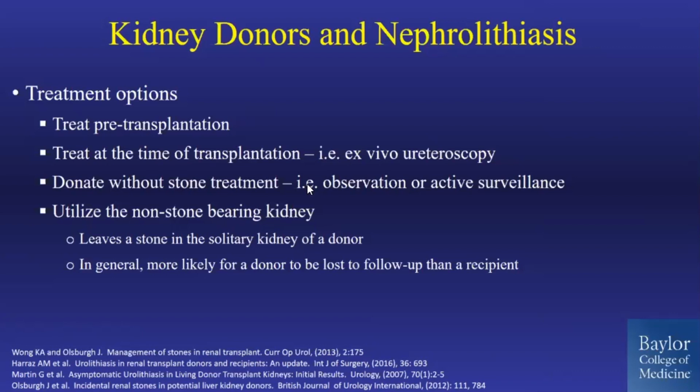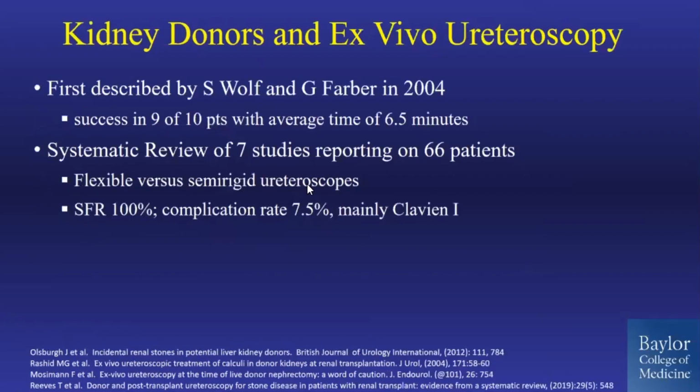And then, of course, you can utilize the non-stone bearing kidney and leave the stone in the donor. Maybe less ideal, because the follow-up for donors is probably less rigid and reliable than it is for the recipient. So I tend to not love that option. But ex vivo ureteroscopy is quite a good option.